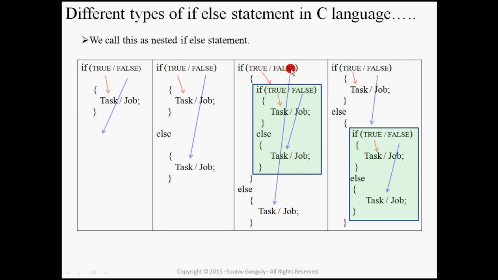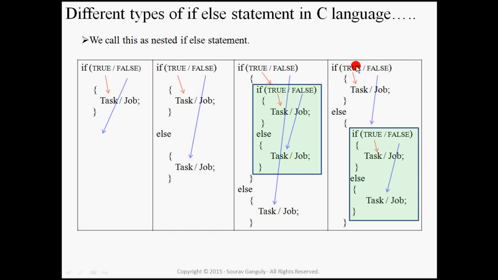And if the first condition becomes false, then this section will execute. That means this else is directly associated with this if section. Here, if the first condition is true, then this task will execute.